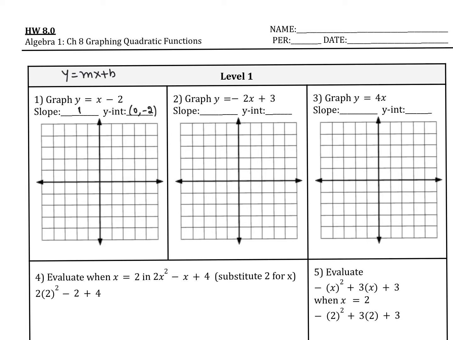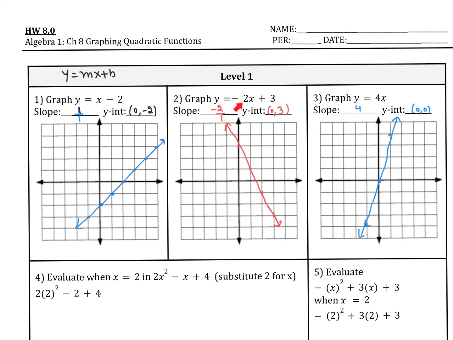Now you're going to plot the point 0, negative 2, which is the y-intercept, and the slope is 1 over 1, rise over run. So go up 1 over 1, so that's going to be this point, up 1 over 1, and same thing, connect these points to get the line graph.